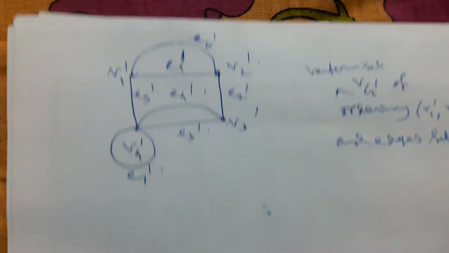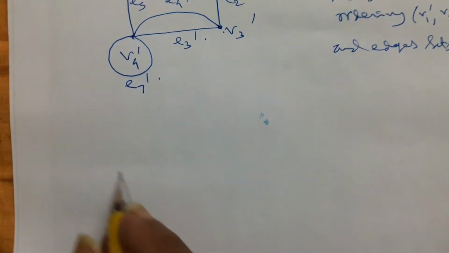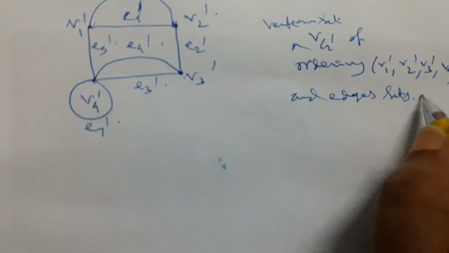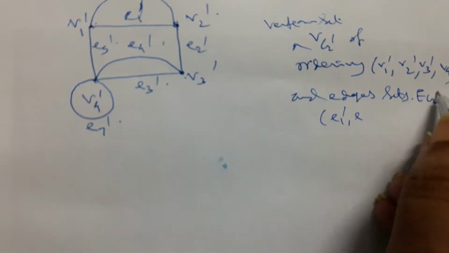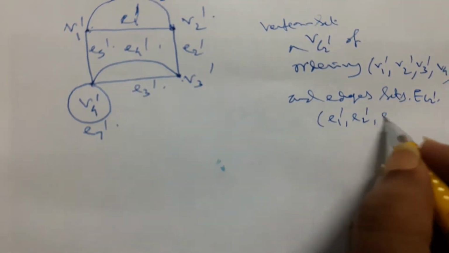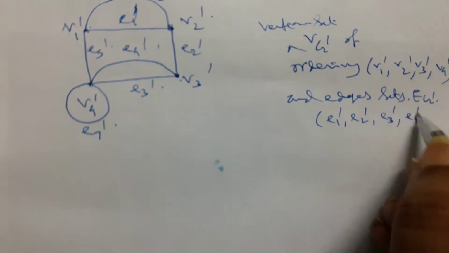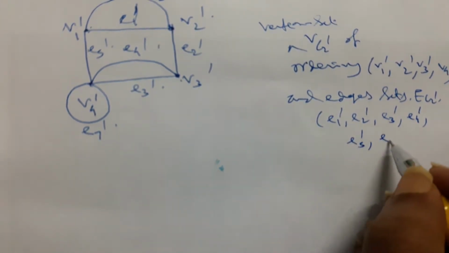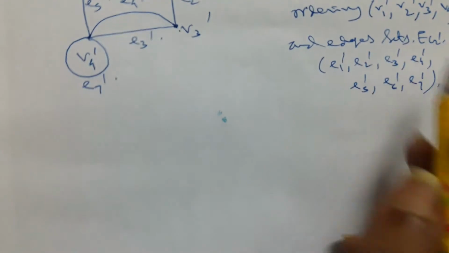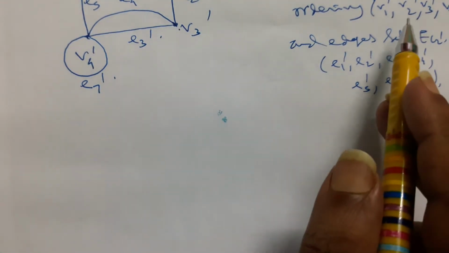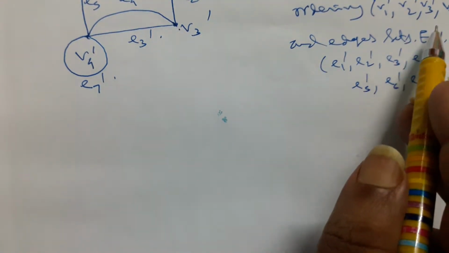e7'. So now we construct the incidence matrix, and the edge set E(G') is given by e1', e2', e3', e4', e5', e6' and e7'.